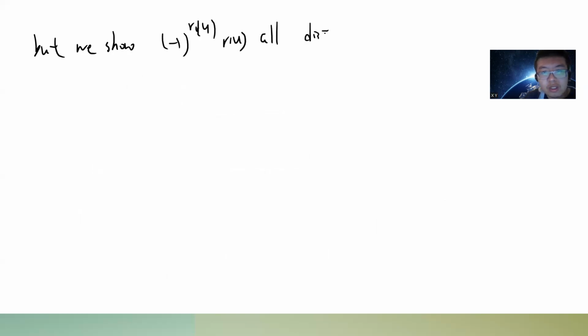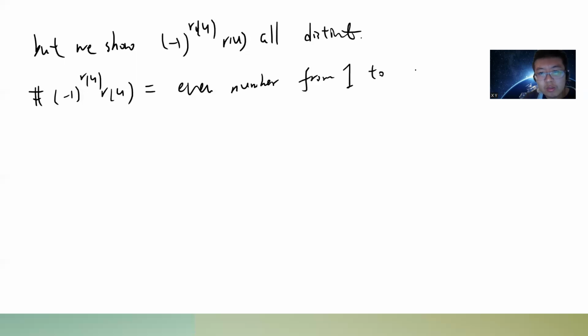But we showed that the -1 RU are distinct. And so the -1 RU will be even numbers from 1 to P minus 1.